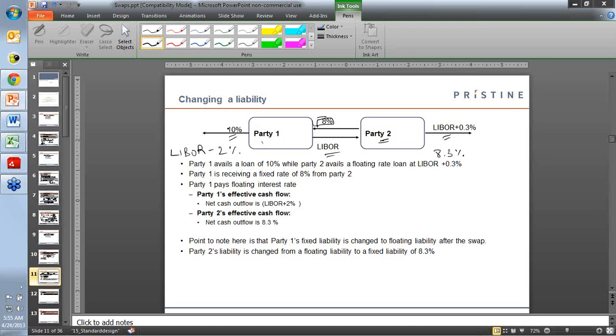Party 1 was initially able to take a fixed rate loan of 10%. Party 2 was able to take a floating rate loan of LIBOR plus 0.3%. Now party 1 is effectively taking a loan of LIBOR minus 2%, and party 2 is effectively taking a loan of 8.3%.